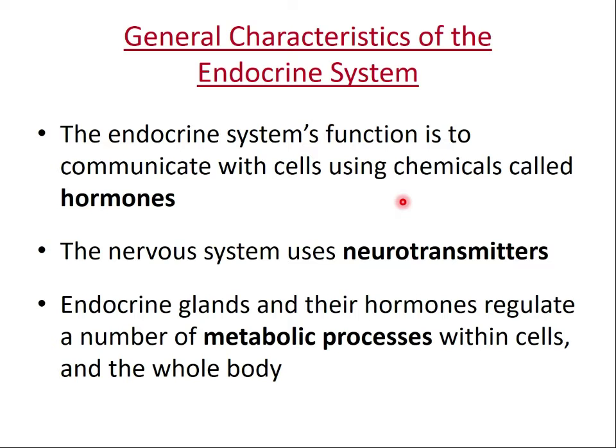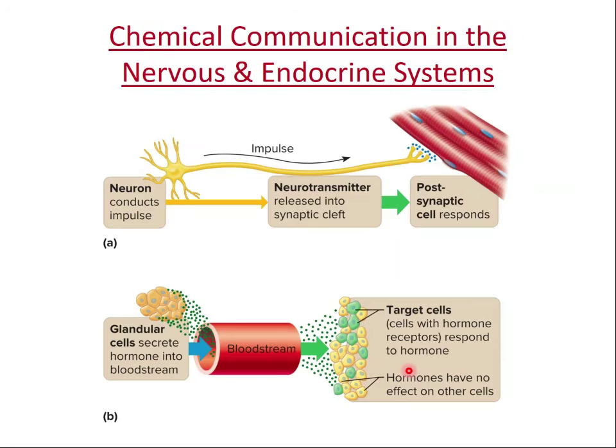In the endocrine system, there are chemicals that are known as hormones, and we will look at some of these types of chemicals in the next few slides. Endocrine glands and their hormones regulate a number of metabolic processes within the cell and in the whole body. So by regulating these metabolic processes, it helps maintain homeostasis.